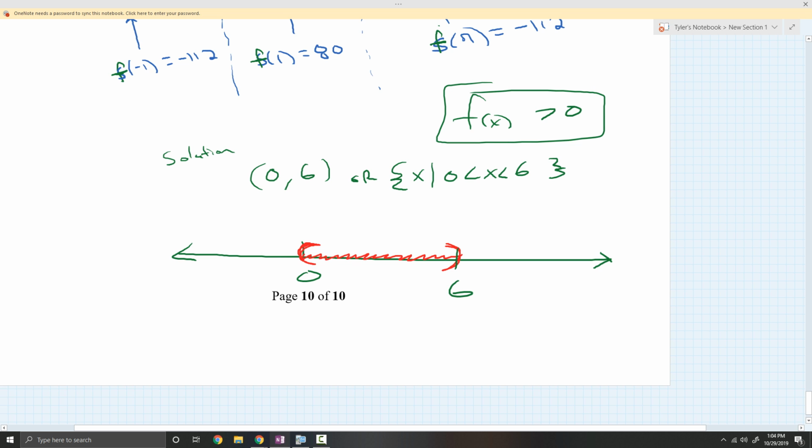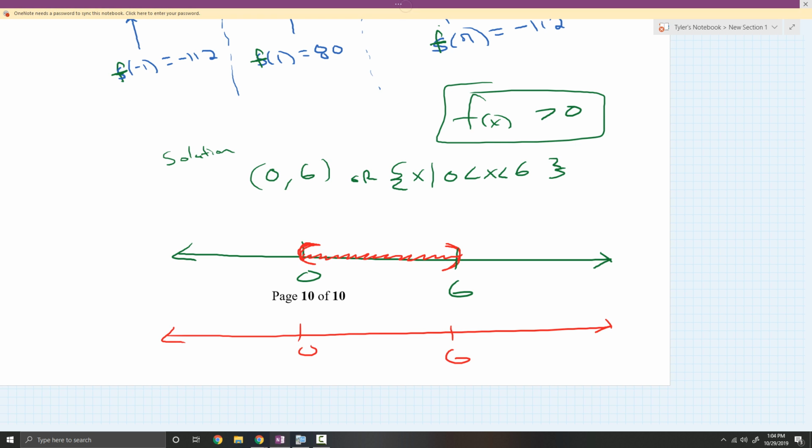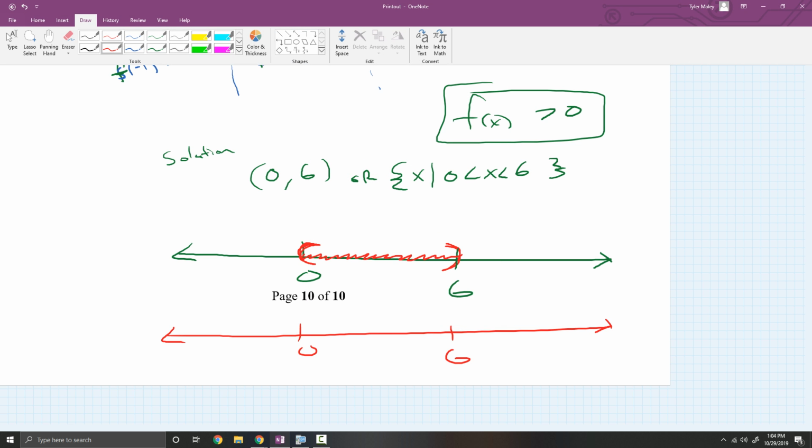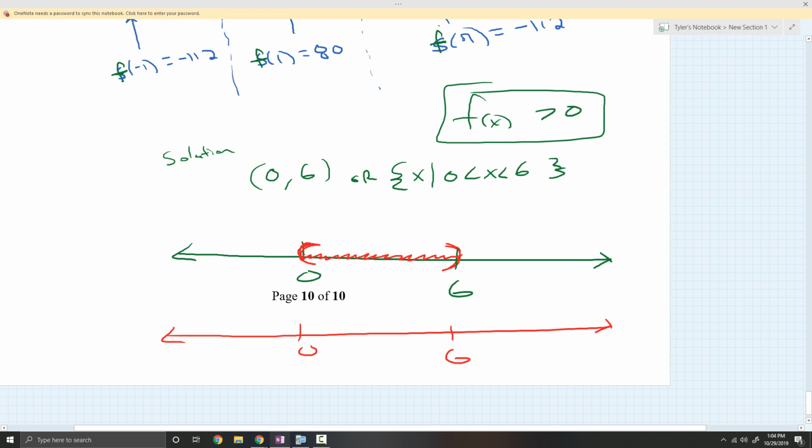Or of course, like we've done before, you could use an open circle and then shade in between. So either one of these would be a graph of the solution. So the ball is above the building from 0 to 6 seconds. So hopefully that makes sense.